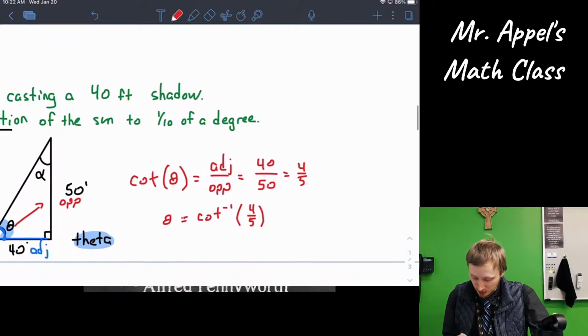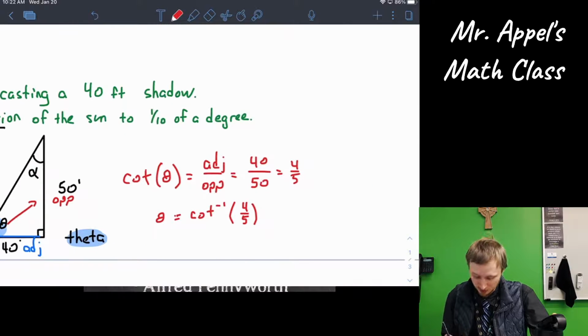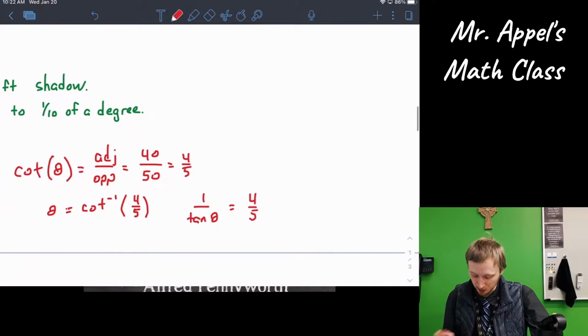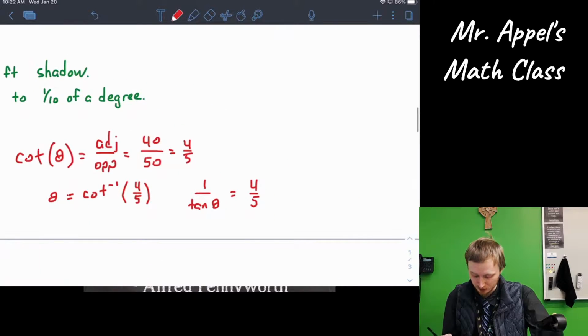All right, fine. So use tangent then. Cotangent is just 1 over tangent. So 1 over tangent equals 4/5. Okay, so tangent, you're going to solve the fraction, you're going to get 5 over 4 anyways.